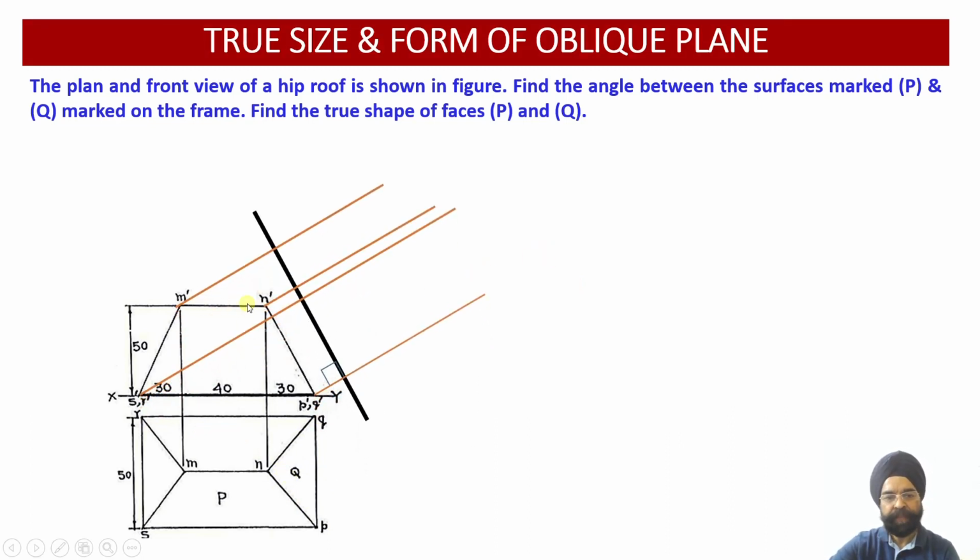Because this is my front view, I have drawn an auxiliary plane parallel to P dash, Q dash and N dash. This auxiliary plane will be called AIP, the auxiliary inclined plane, and any view which is obtained on AIP will be called the auxiliary plan.